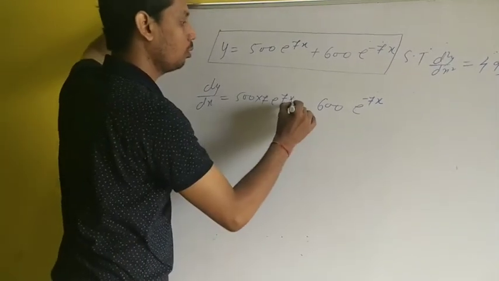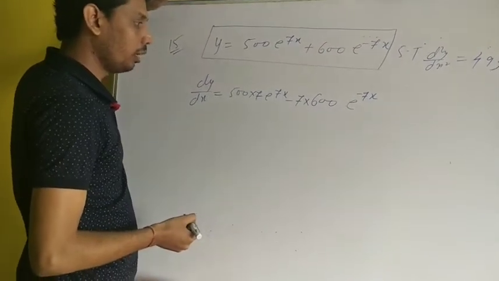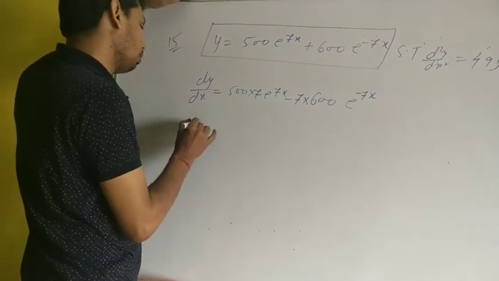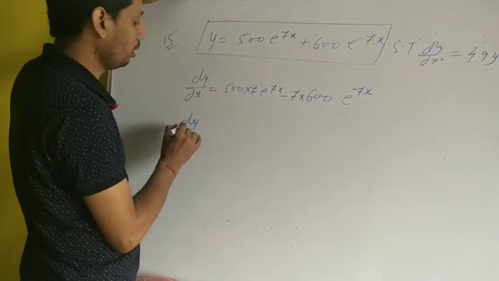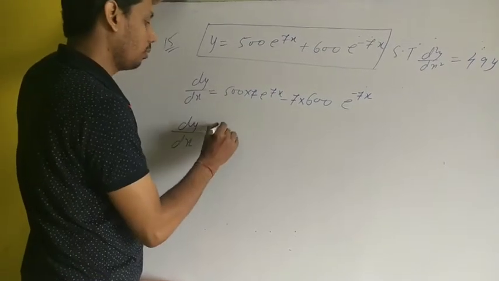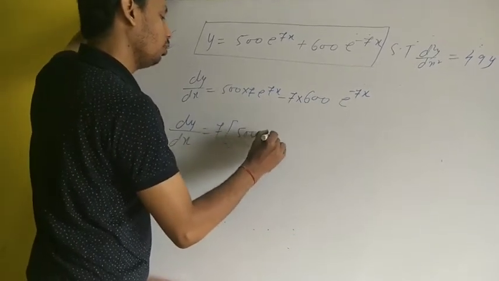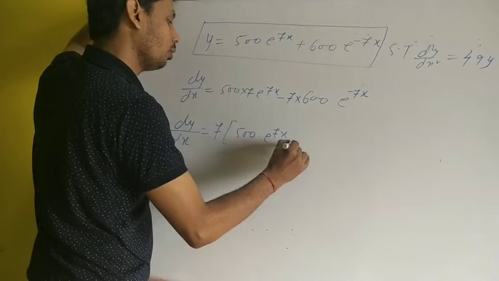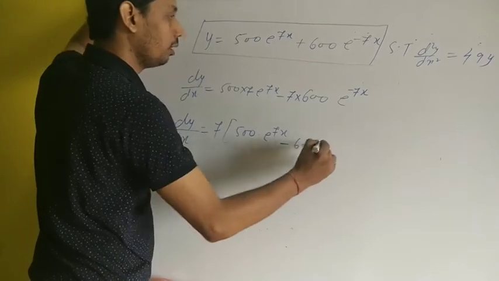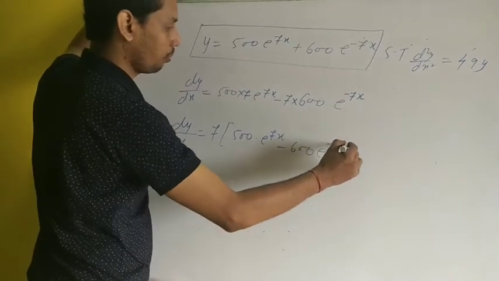So this is minus 7 into 600. Now in this dy by dx, we can take 7 common. This will be 500 into e to the power 7x minus 600 e to the power minus 7x.